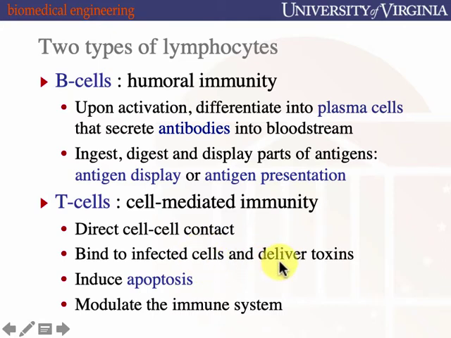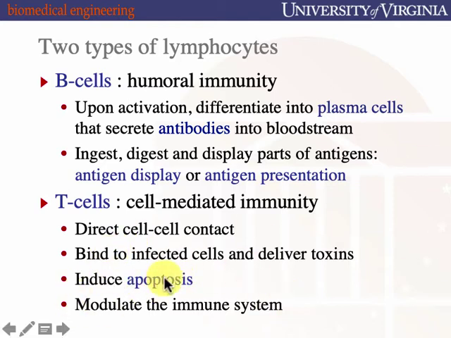They can deliver toxins, they can produce cytokines, they can produce a number of different immunological responses to the display of that antigen, depending on what that antigen is, the level of activation that antigen drives in that cell, and what type of cell it is. So there are multiple types of T cells that all have various roles.